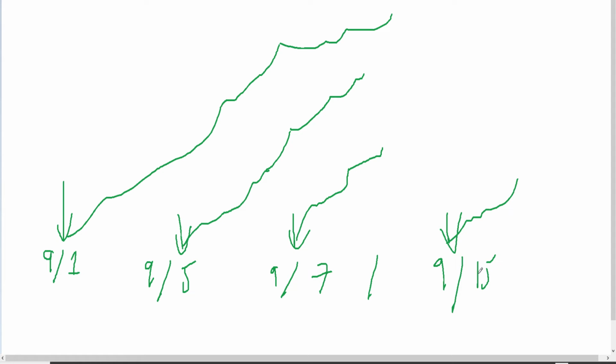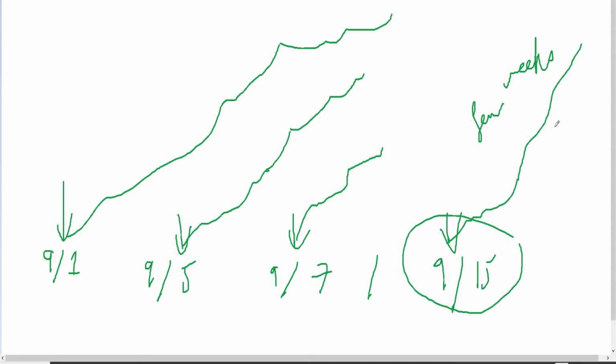For example, this one on the 15th, in the future, can go so fast in a few weeks. It can do better than the one that begins on the 1st of September.